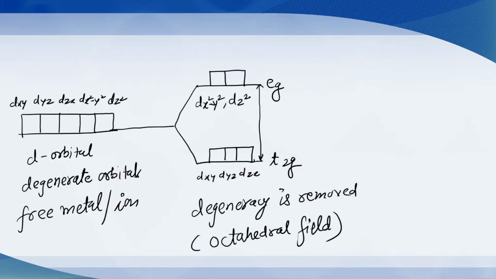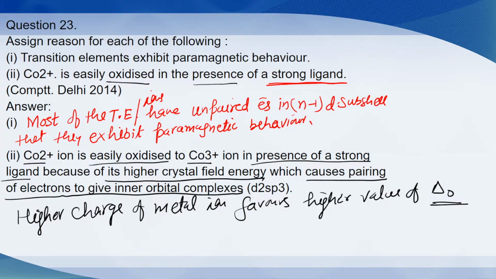See, this delta O is higher if the ligand is strong. Already it is strong, but if the charge is higher, then it becomes more than that. That's why it is written that Co2+ can be easily oxidized to Co3+ in the presence of a strong ligand.